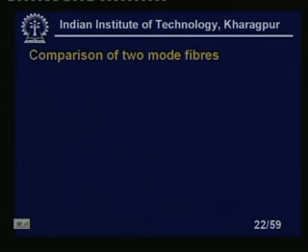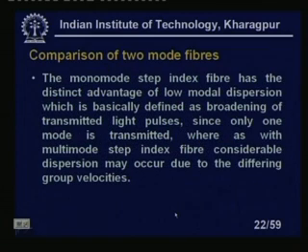If you look at the graded index fiber, it is in between the two. We will come to that. Now, a comparison of the two types of fiber. The monomode step index fiber has the distinct advantage of low modal dispersion, as I told you earlier, which is basically defined as the broadening of transmitted light pulses, since only one mode is transmitted.